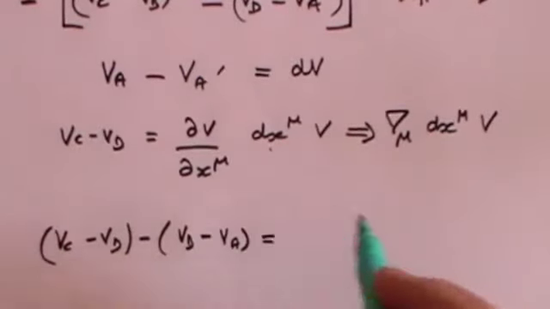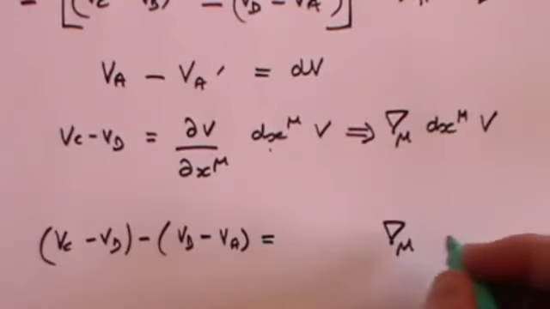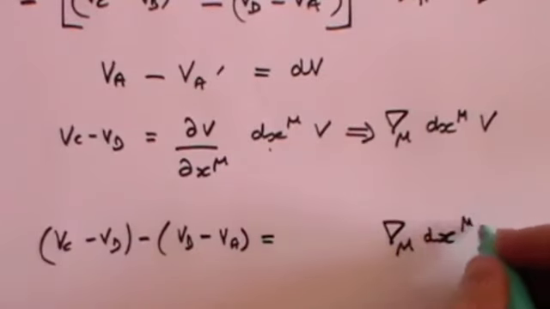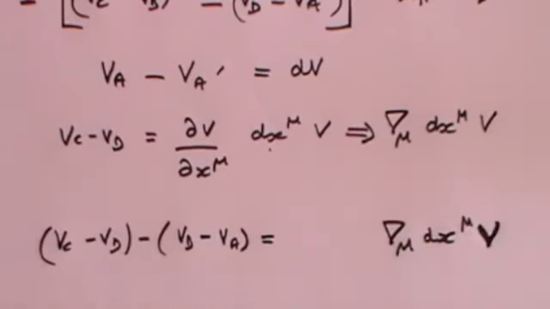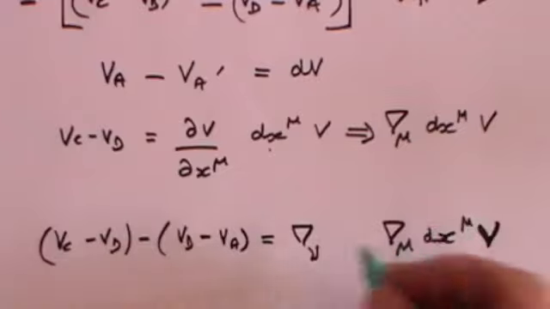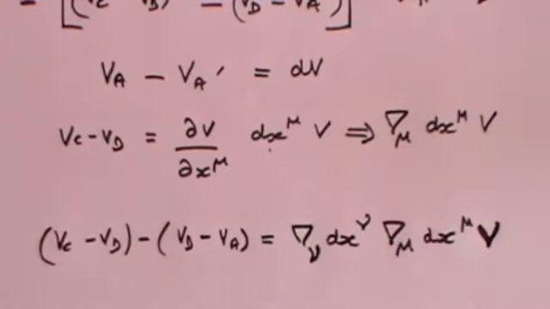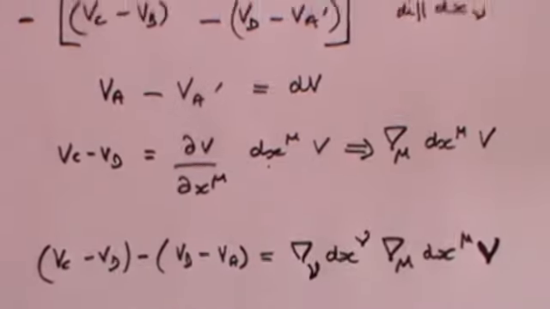Well, we said that vc minus vd is the covariant derivative times the distance times the value of the vector. But the difference is essentially another differential, and it's the differential in the new direction. So we've now got to add the covariant derivative in the new direction times the distance away.